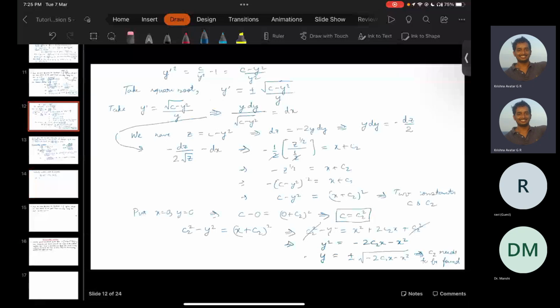Since both sets of coordinates are equal, this implies we'll have root of minus 2c2x1 minus x1 squared equal to x1 minus 5. Okay, so we have obtained one more equation, and the other equation was here.